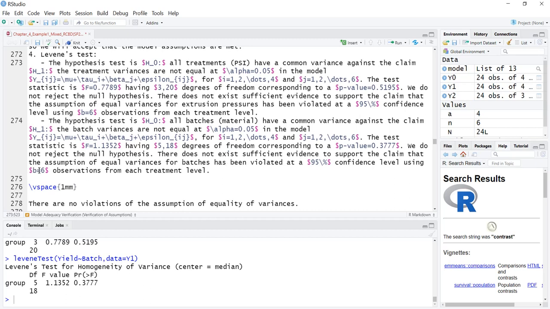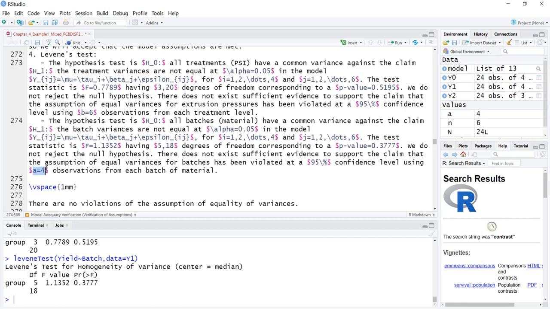Using this would be now A equals 4 for each batch, observations from each batch of material. So when we're doing the treatment levels, there's 6 batches, each of those in this completely randomized complete block design. Each treatment has 1 batch associated with it, and each batch has the 4 different treatments.